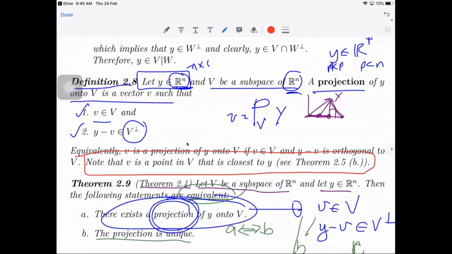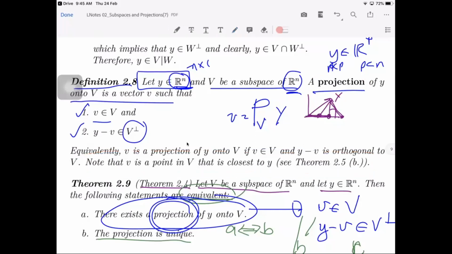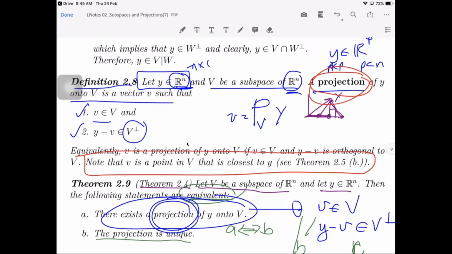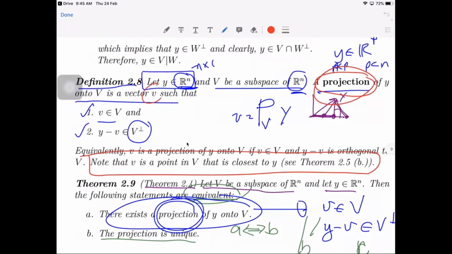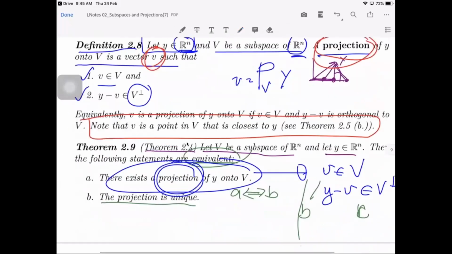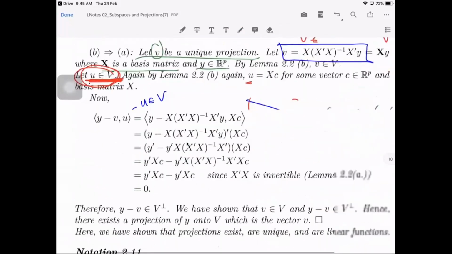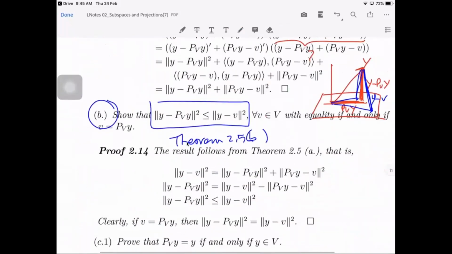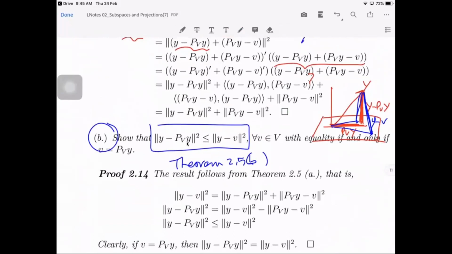Note that V is a point in V that is closest to Y. So, ibig sabihin, ang projection, kaya atong notation sa projection is V. So, kini na proof will show you, will imply na mao man ni atong V. Kaya atong notation sa projection of Y unto V is V sa definition.